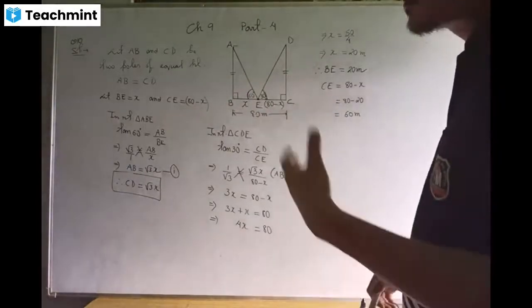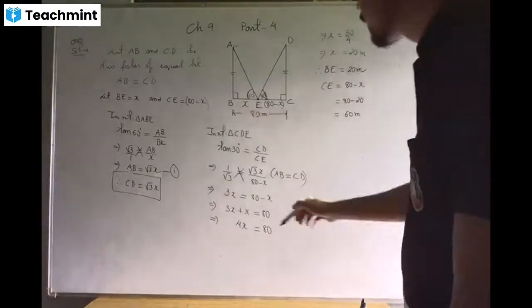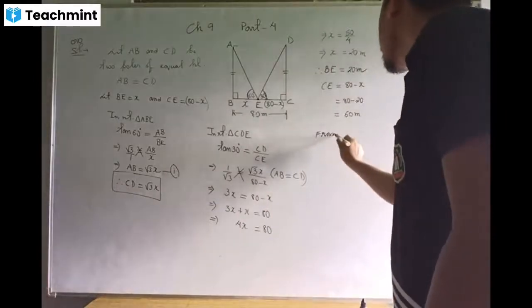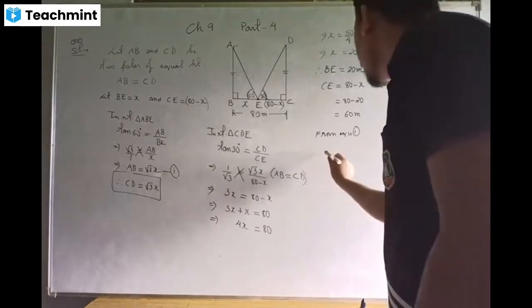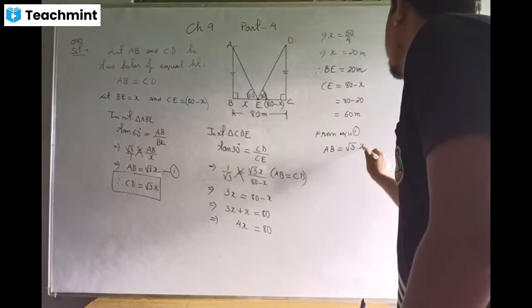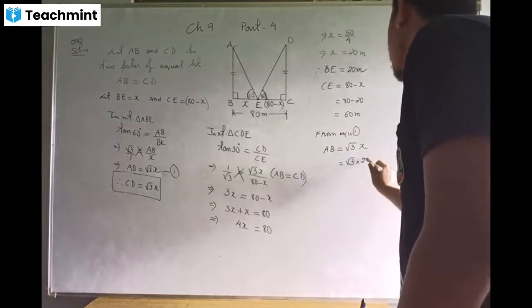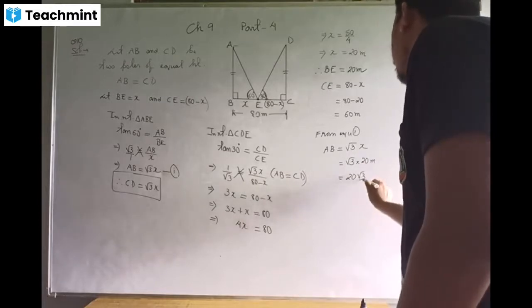Now our objective is also to find out the height of the pole. So from equation 1, AB is equal to square root of 3 x. Square root of 3 into x, which is 20 meters, so that is 20 square root of 3 meters.